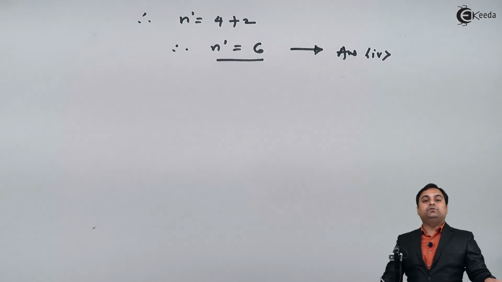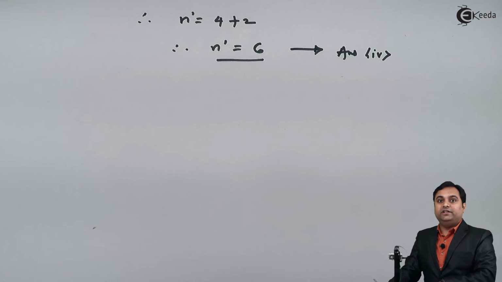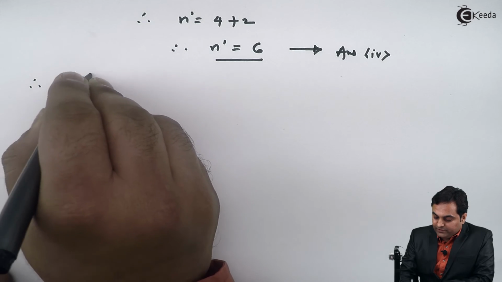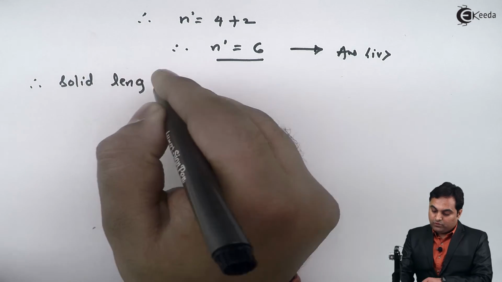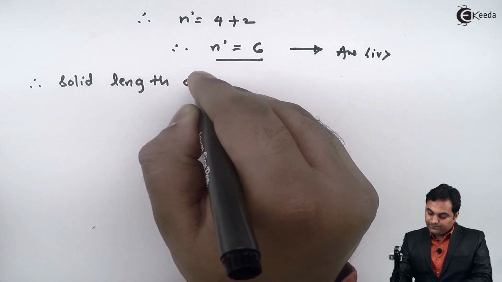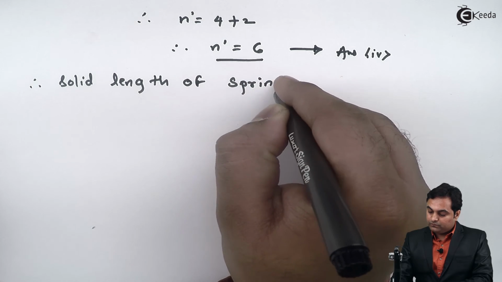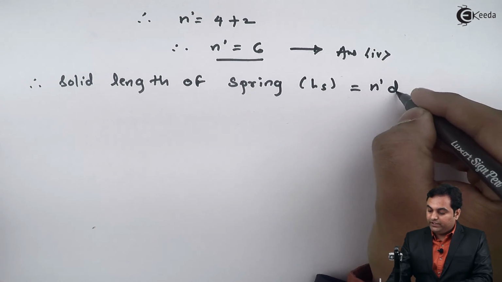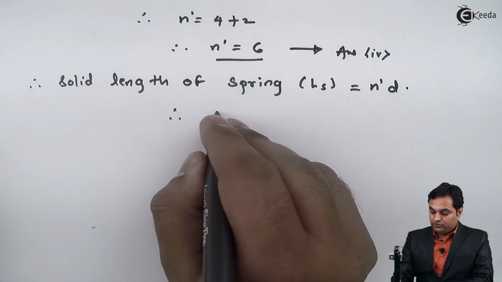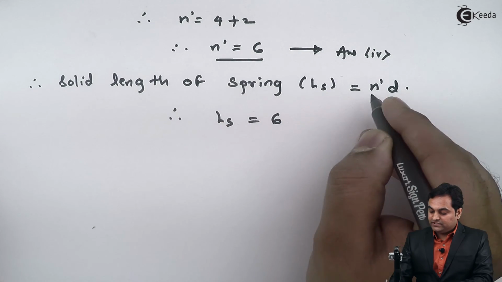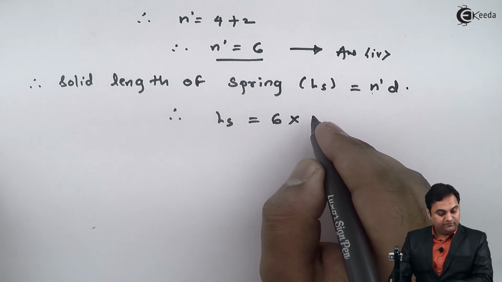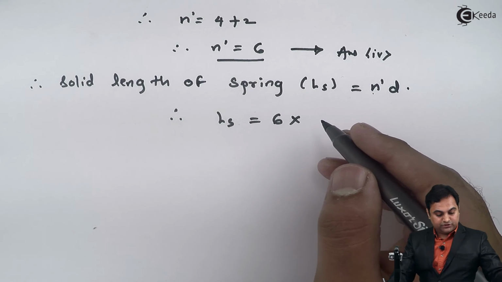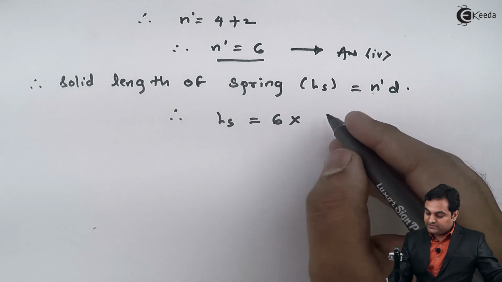Now after getting the total number of coils, I can get the solid length. So I'll say that therefore solid length of spring will be equal to N dash into D. Therefore solid length becomes 6 multiplied by D. We have got the value as small d was 6.